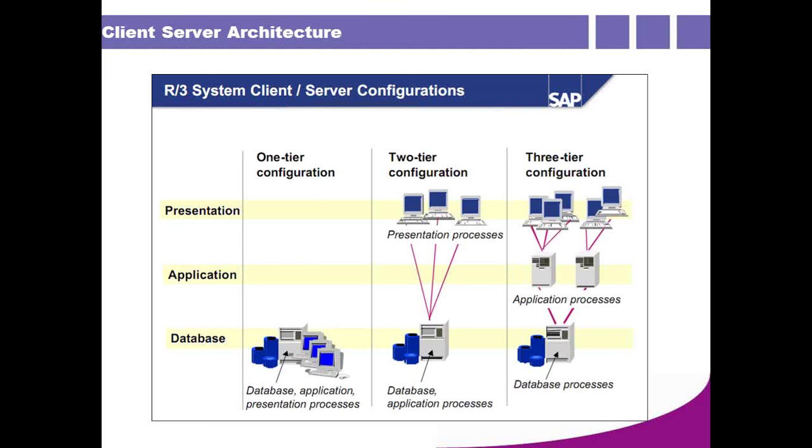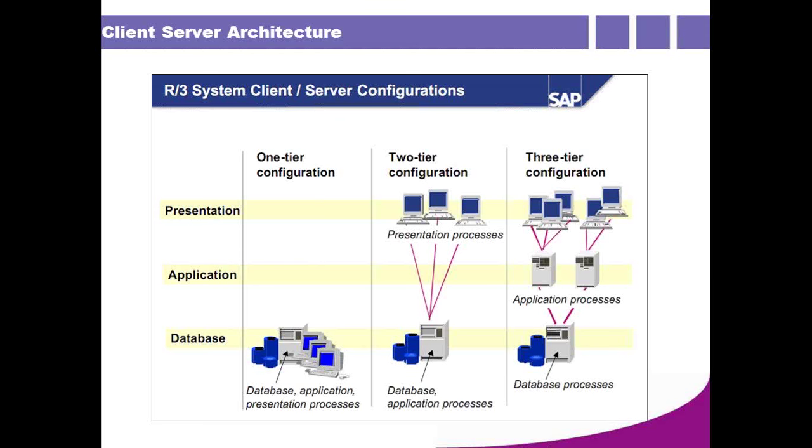That means your system is going down, so obviously your SAP goes down and your presentation layer also goes down. Because of one problem, the other two layers suffer. That is the reason that in real business scenarios we never use this one tier configuration. So it is not recommended for business.